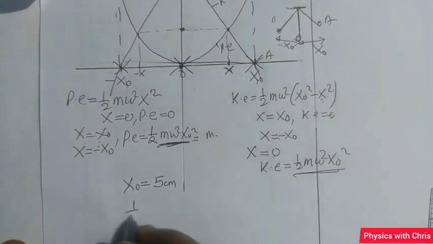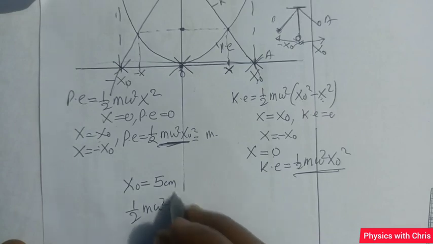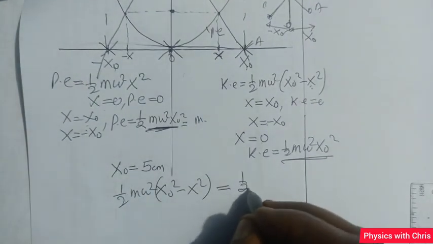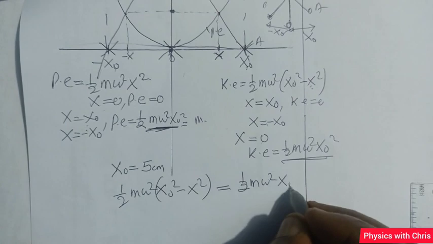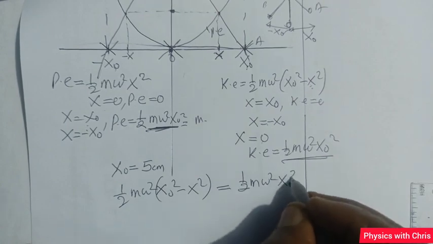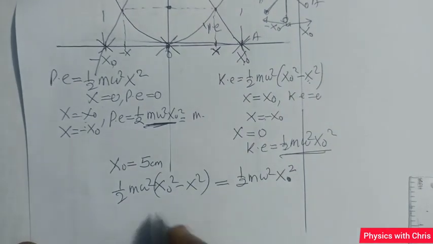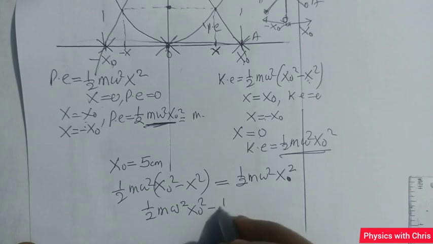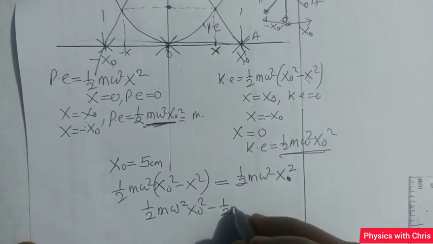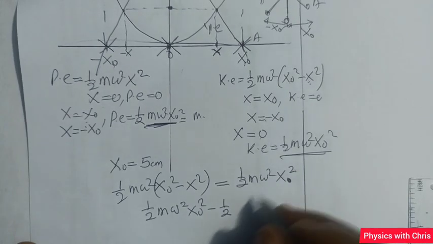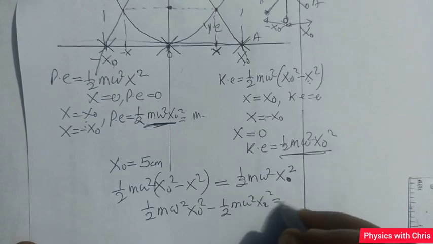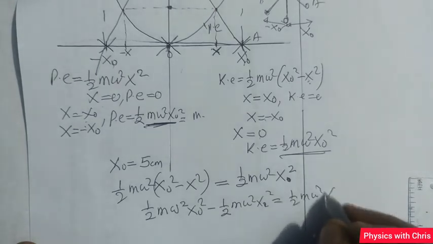So we equate half m omega squared times (x naught squared minus x squared) to the potential energy, half m omega squared x squared. If you expand this, you have half m omega squared x naught squared minus half m omega squared x squared equal to half m omega squared x squared.